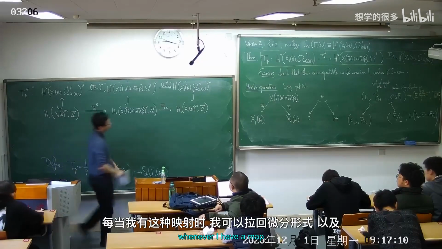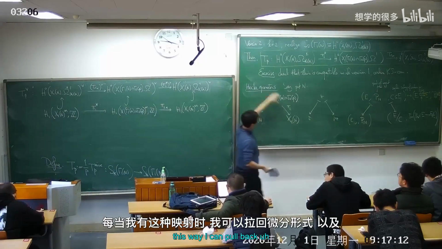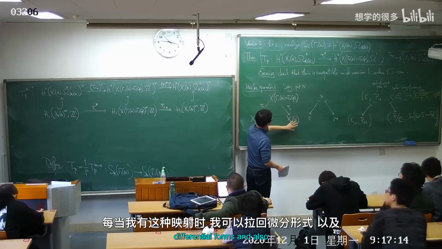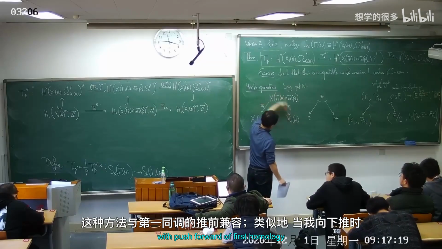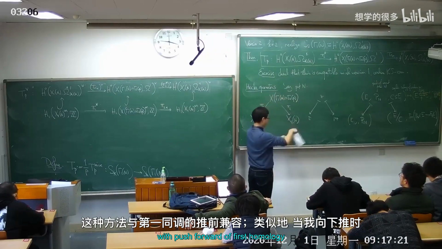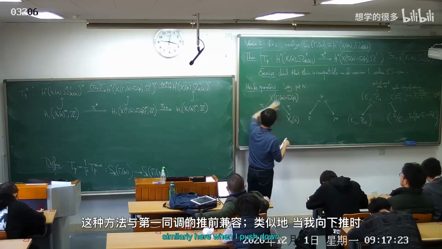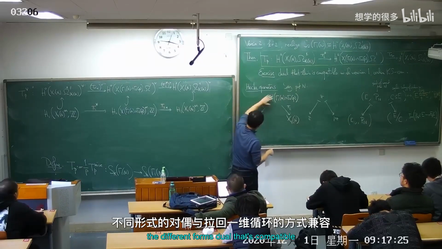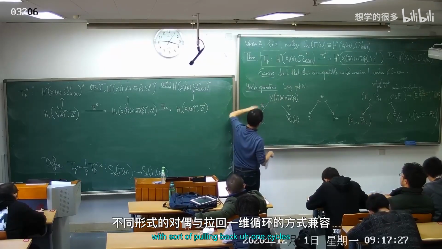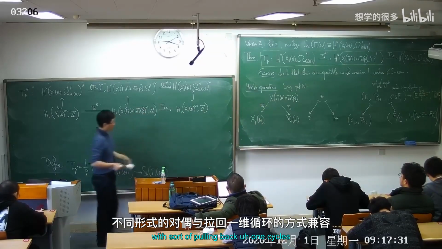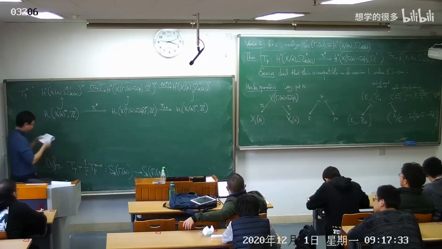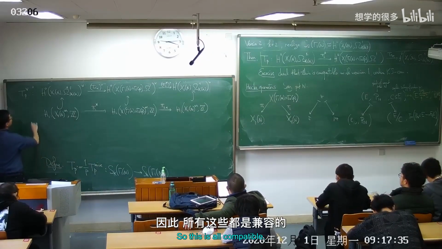Whenever I have a map this way, I can pull back differential forms, and that's also compatible with push forward of first homology. Similarly here, when I push down the differential forms, the dual of that is compatible with pulling back one-cycles. So this is all compatible.